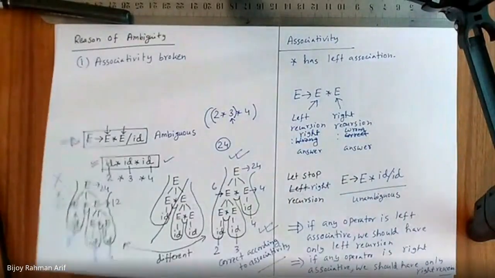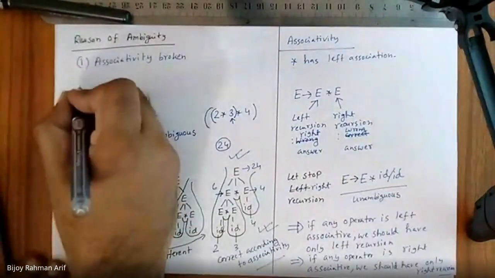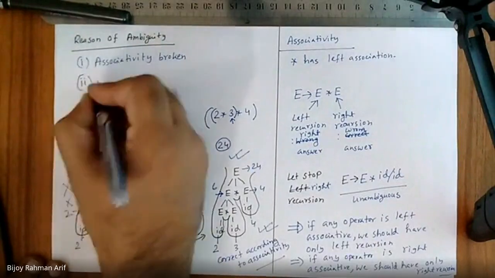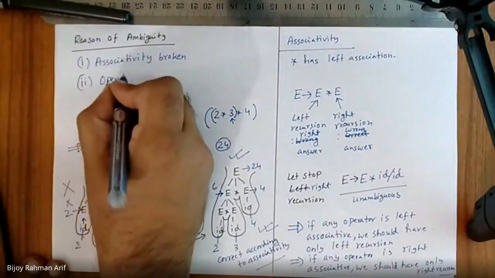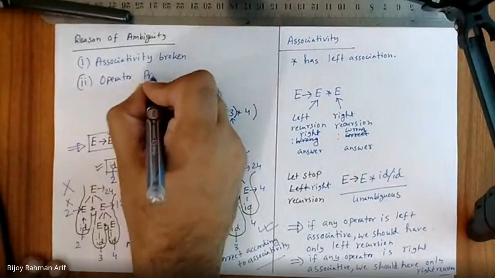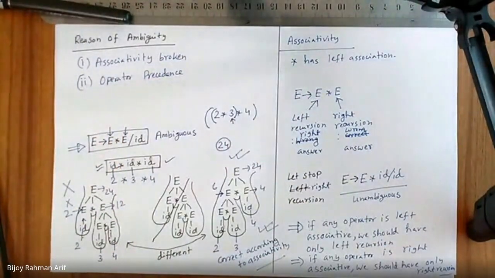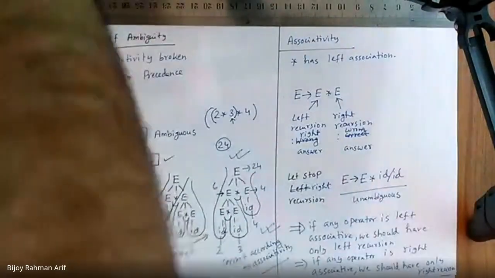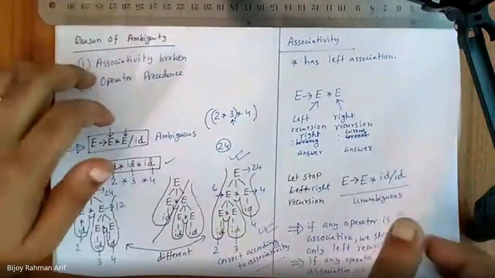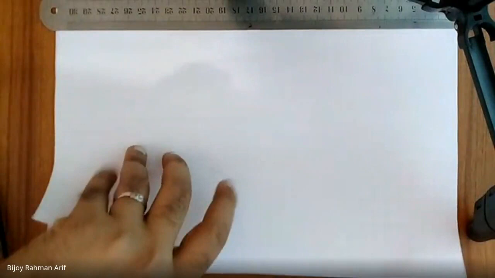Now let's go to the second reason of ambiguity, which is called operator precedence. Let's take this grammar.